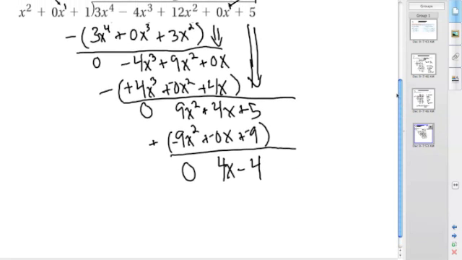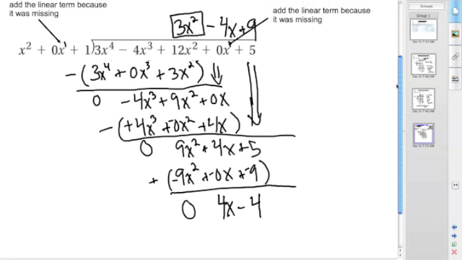And we stop. The reason why we stop is because we have x to the 1st, which is less than x squared. So we stop. So, did we get a remainder of 0? No. Therefore, x squared plus 1 is not a factor of 3x to the 4th minus 4x cubed plus 12x plus 5.